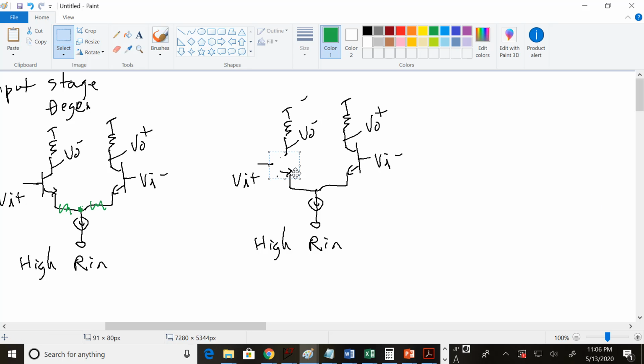So you could replace those transistors with a Darlington pair, which would be, I didn't leave myself much space. Try to draw this side a little better.